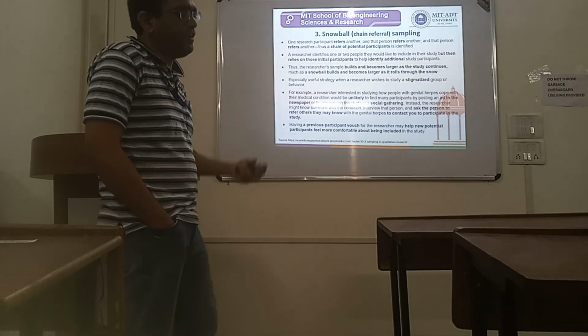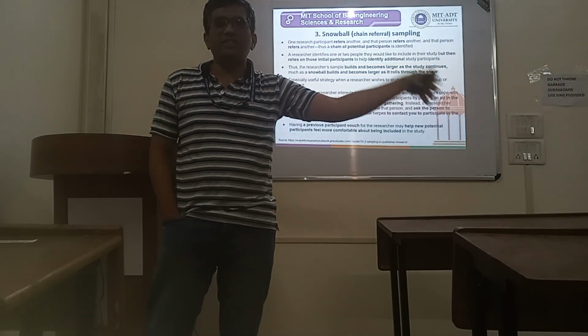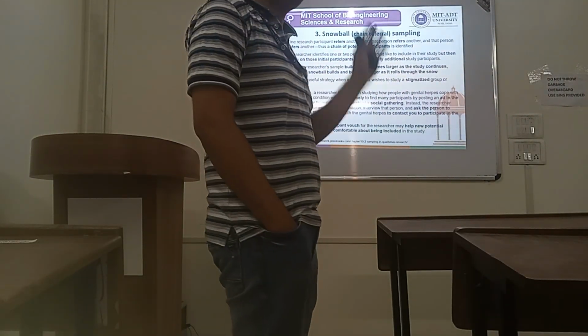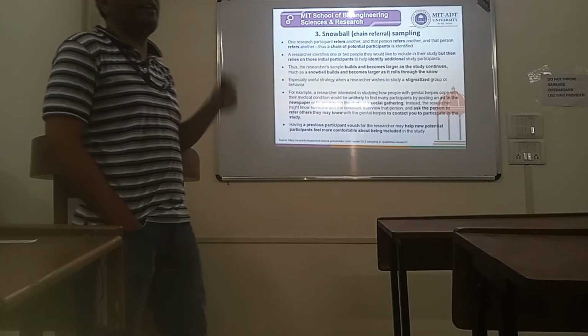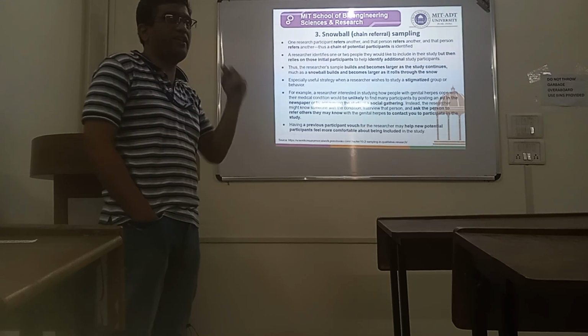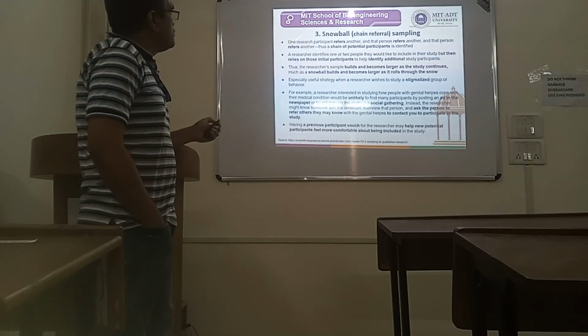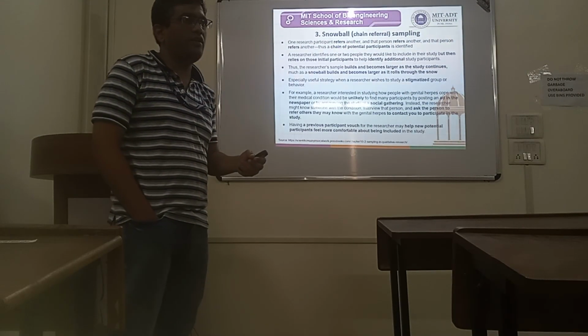So it works by reference from the first respondent to the next respondents, and third respondents, fourth respondents, and so forth, till the number of samples which you intend to draw from the population, based on the quality desired, is fulfilled. Correct? So you recruit the first person based on the qualities you want.